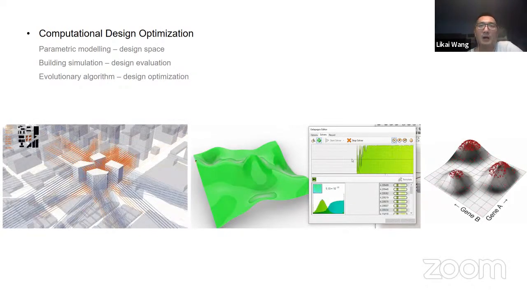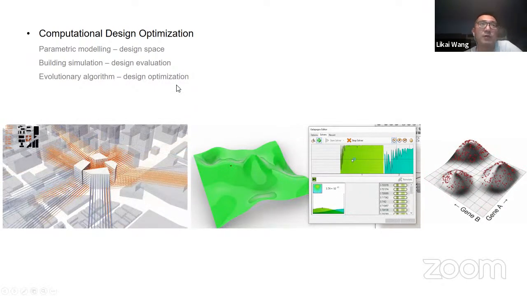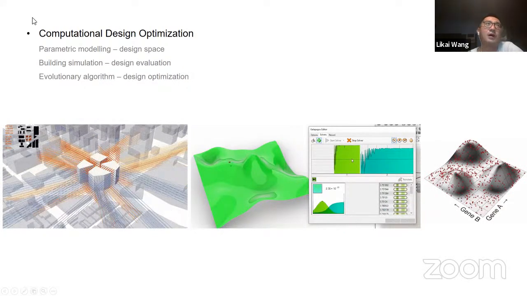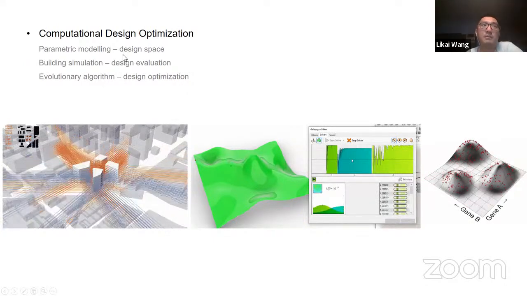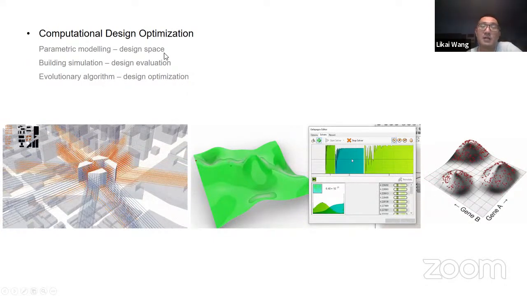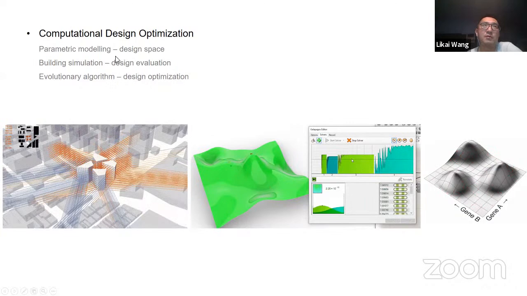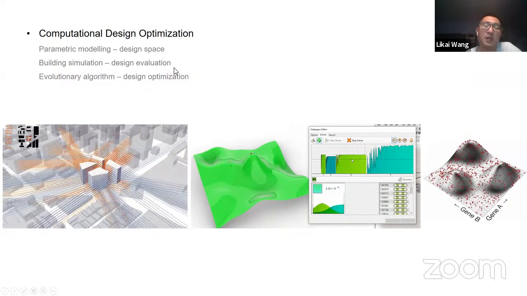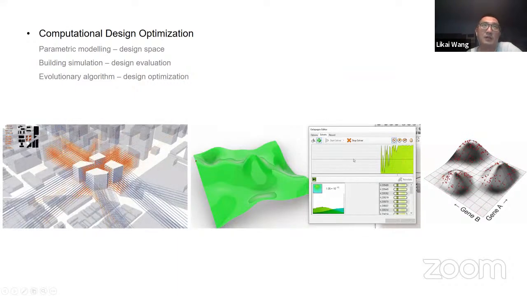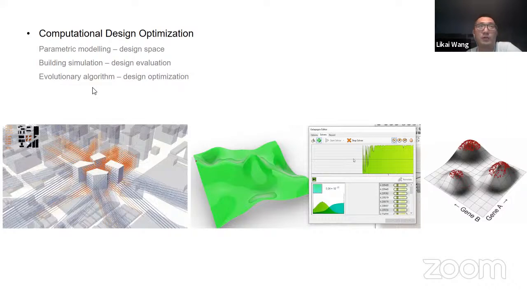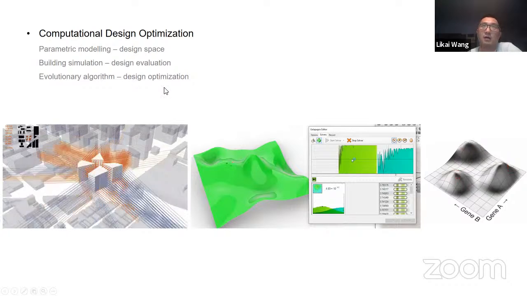These three elements can be understood as three very important aspects of computational design optimization. Firstly, the parametric model defines a design space for the optimization process to search. The building simulation provides a method to evaluate the performance of the building design. And then we use the evolutionary algorithm to achieve automatic design optimization.